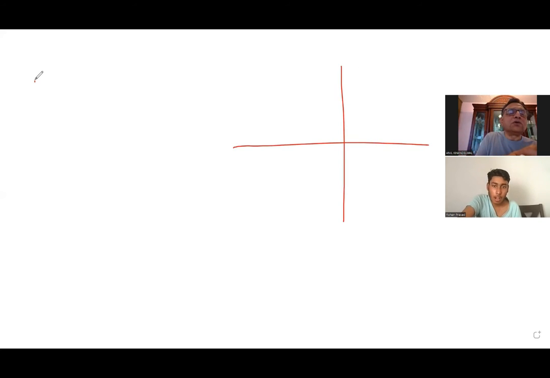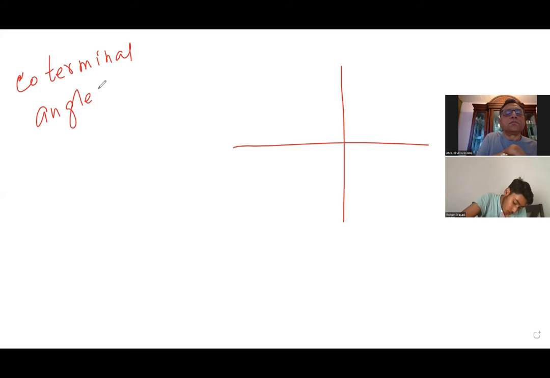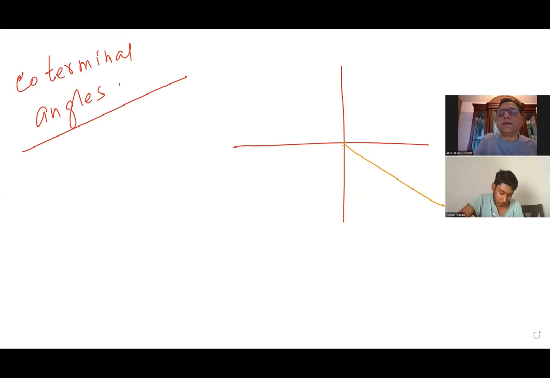We call this a co-terminal angle. What I'm trying to say here is, let us look at this angle. Let us say this is 30 degrees.